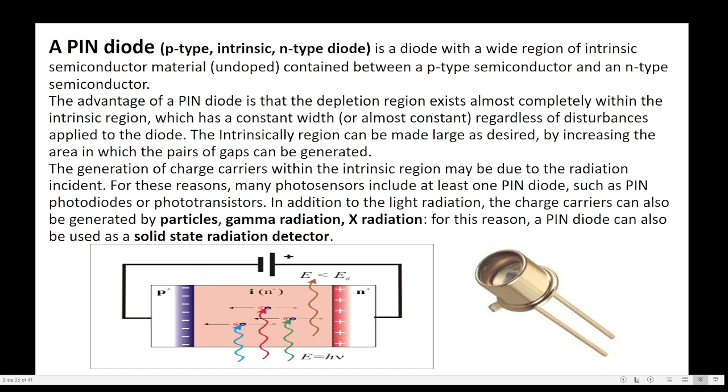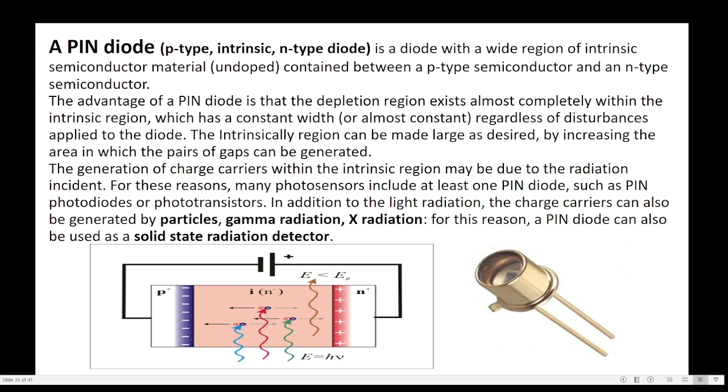Thus, most of the light is absorbed in this region. After absorbing these photons, some electron hole pairs are produced. The generation of charge carriers within the intrinsic region may be due to the incident radiation.